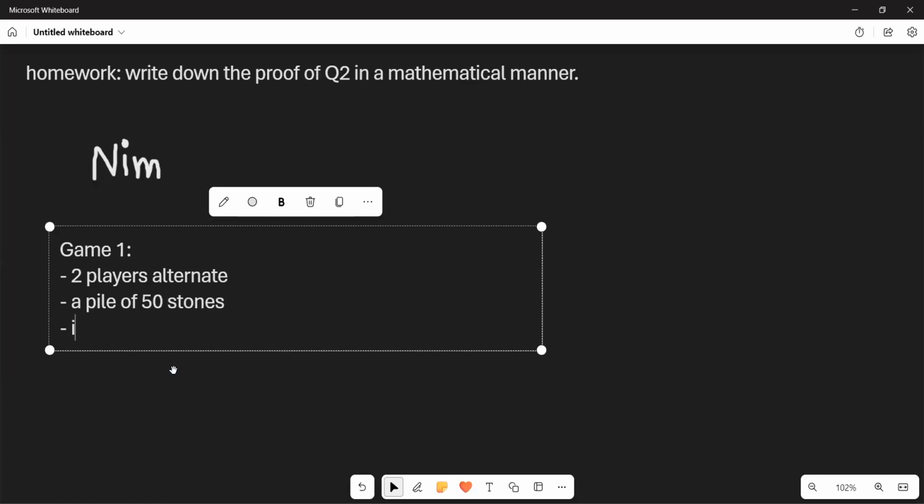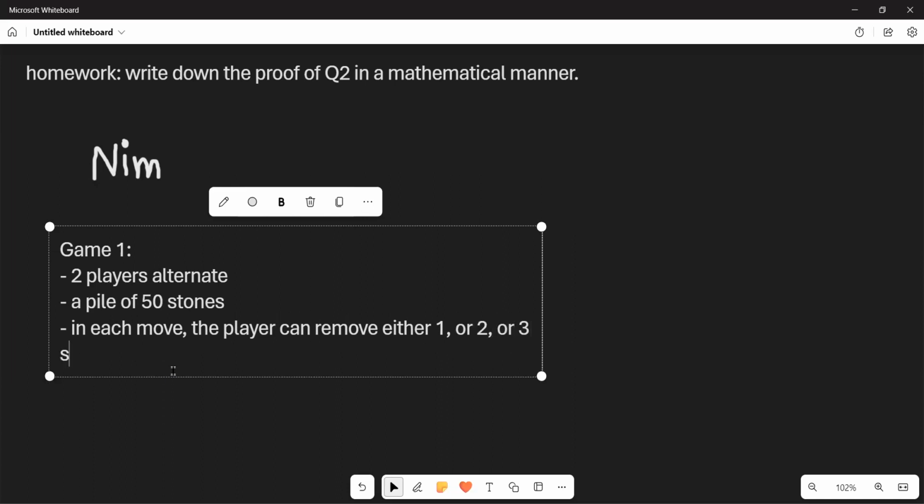And in each move, the player can remove either 1 or 2 or 3 stones from the pile. And when does this game stop? When all the stones are gone.